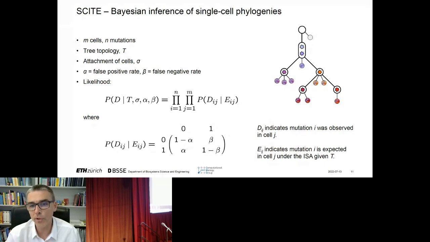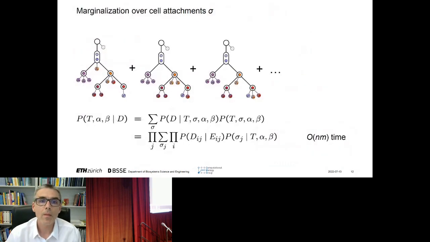And we do need two different parameters for false positives versus negatives, because these two rates are typically very different, with false negative rate being very high usually due to failure to amplify the alleles, or maybe one of the alleles, such that we have very, very high allelic dropout rates, which leads to a high false negative rate. Now, as I said, we typically don't care about the attachment of the individual cells.